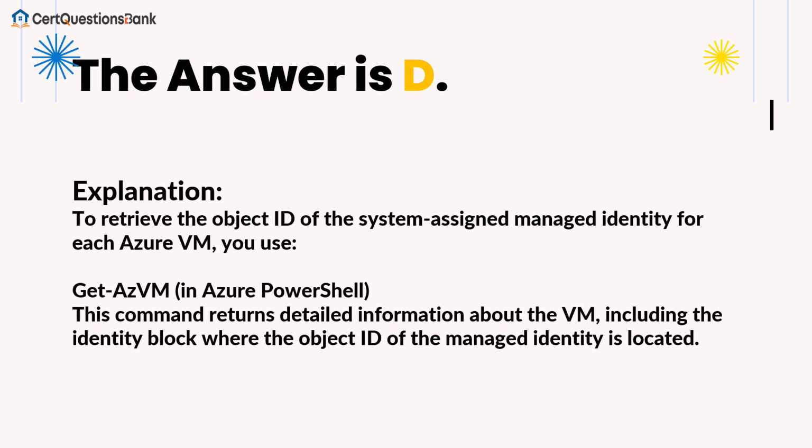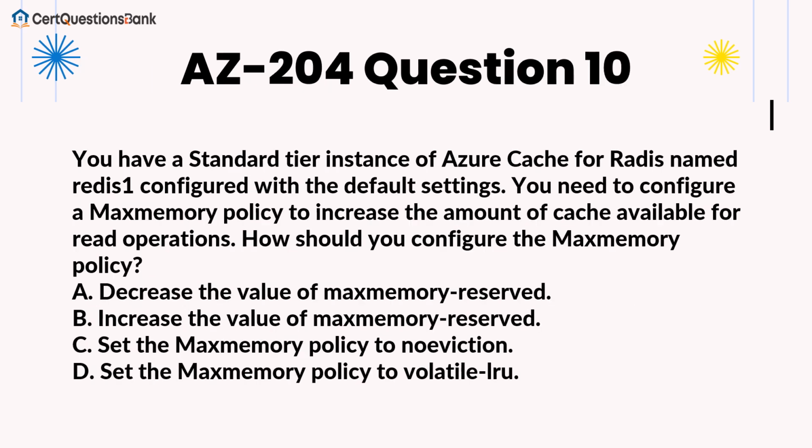You have a standard tier instance of Azure Cache for Redis named Redis1 configured with the default settings. You need to configure a max memory policy to increase the amount of cache available for read operations. How should you configure the max memory policy?